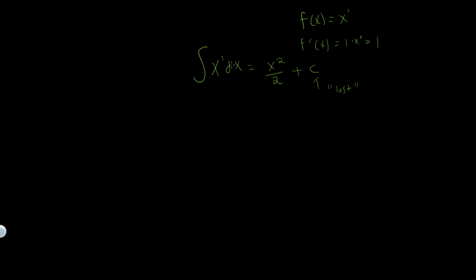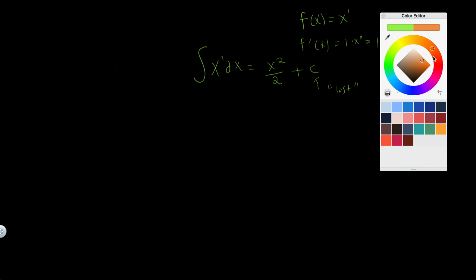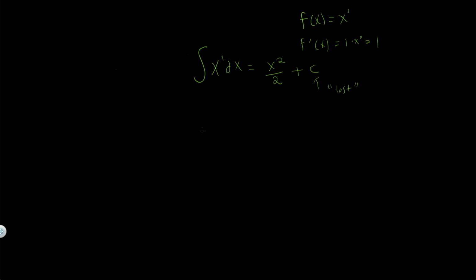All right, let's say we have, let me do a different color. So this is a separate problem. Let's say we have the indefinite integral of 2x to the third dx. Again, let's think about this in terms of antiderivative and use the anti-power rule. So we're going to add 1 to the power.